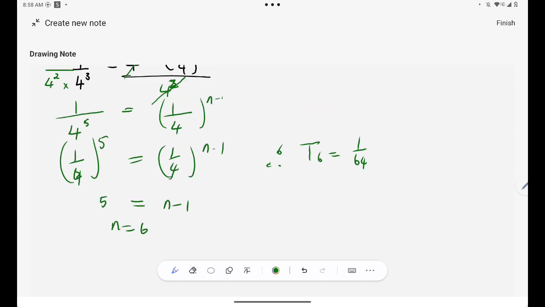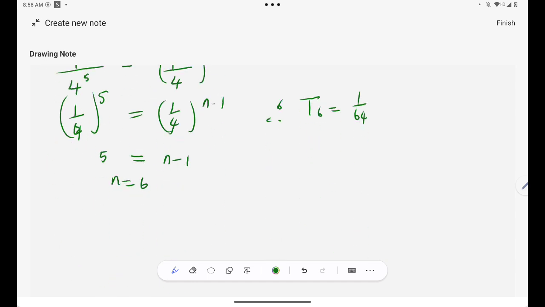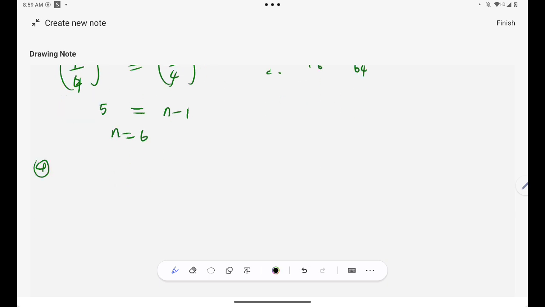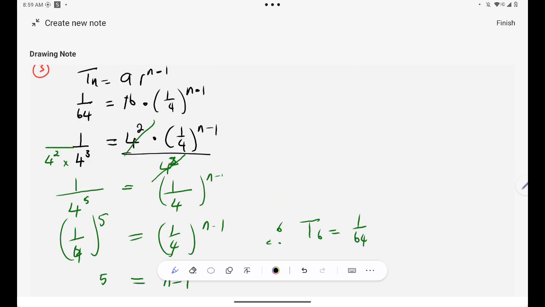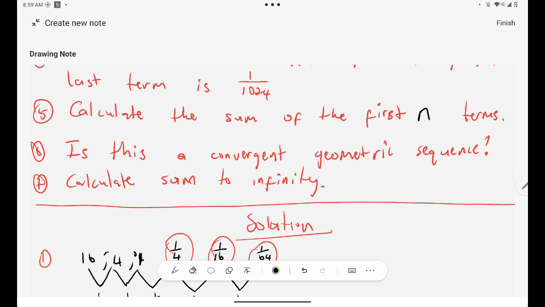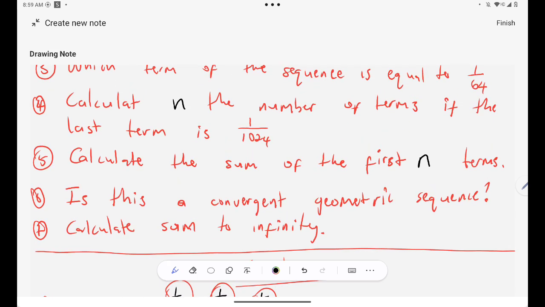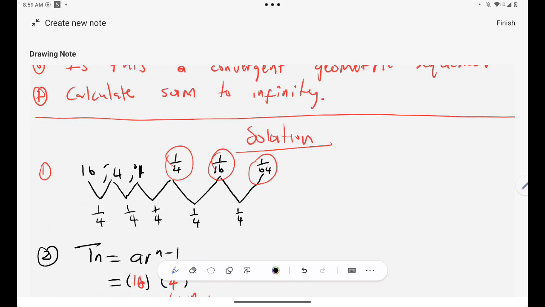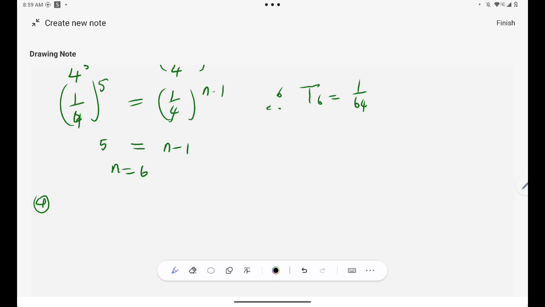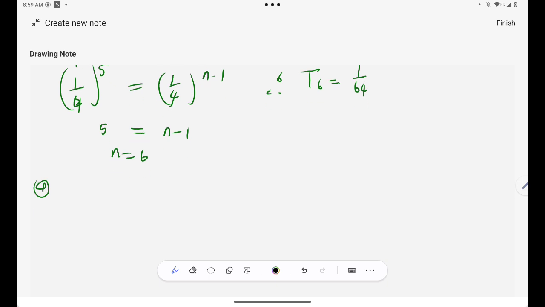All right, together. Then question number 4, they want us to find n, the number of terms in the sequence if this guy is the last term. Let me write down my data.